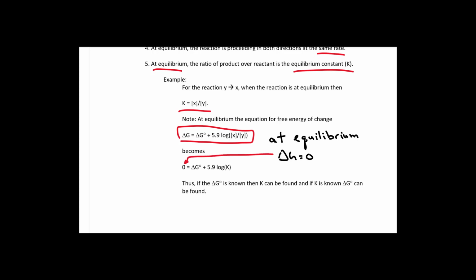So our equation becomes this, but also at equilibrium, the concentration of product, in this case x, over y, our reactant, equals the equilibrium constant, K. Thus, if delta G standard is known, then K can be found, and if K is known, delta G standard can be found. And that is because we have two unknowns, and as long as we know one, we can figure out the other.